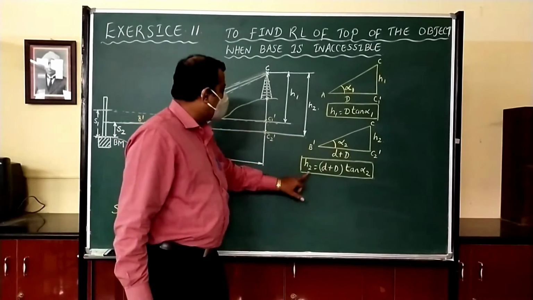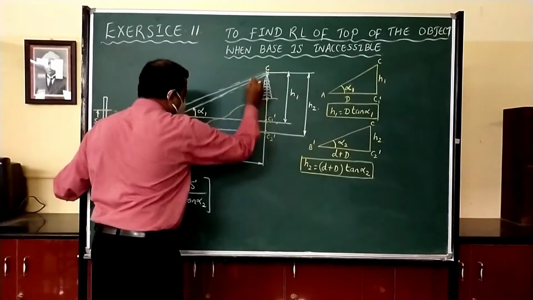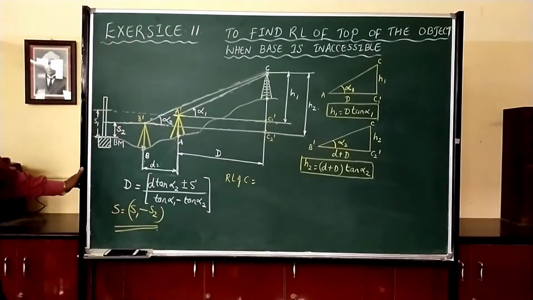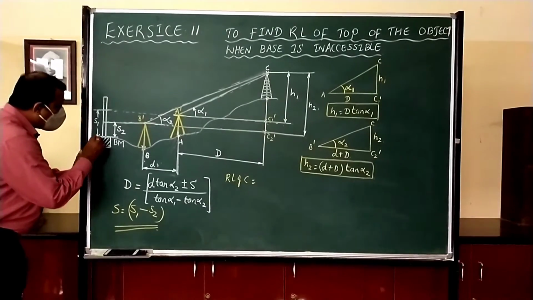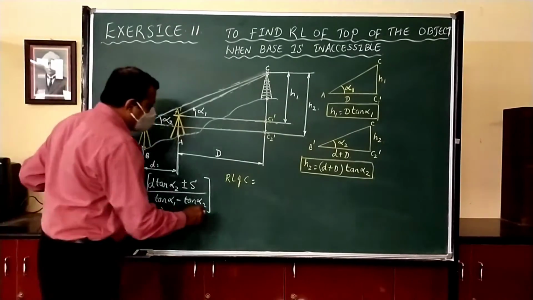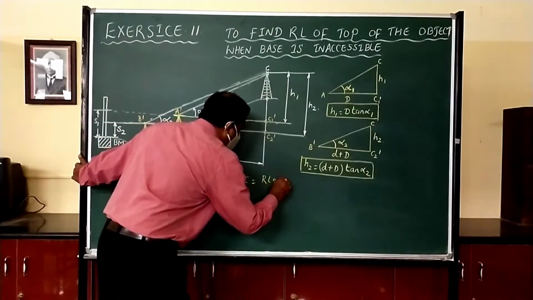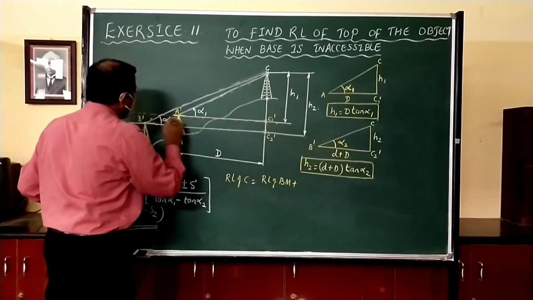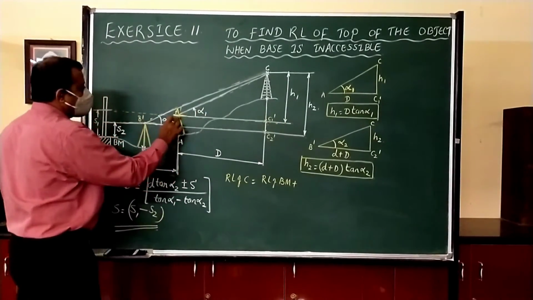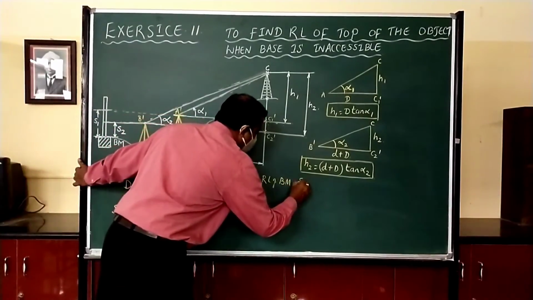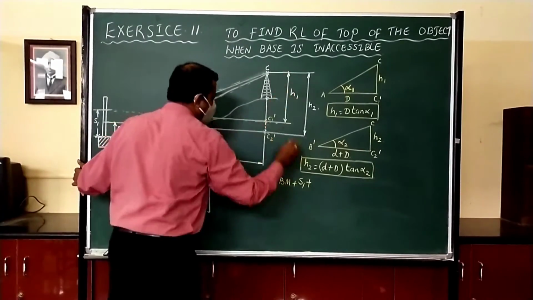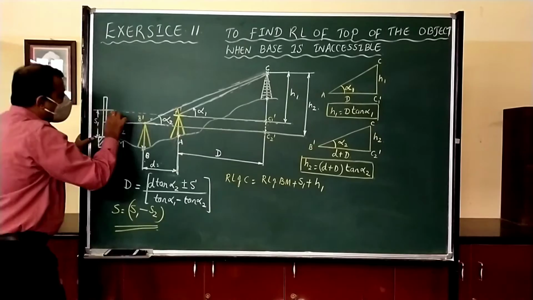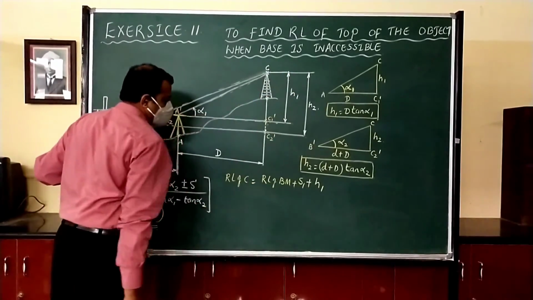After finding H1 and H2, you can find the RL of C. RL of C is equal to RL of benchmark plus S1, which gives you the horizontal axis from A, plus H1.